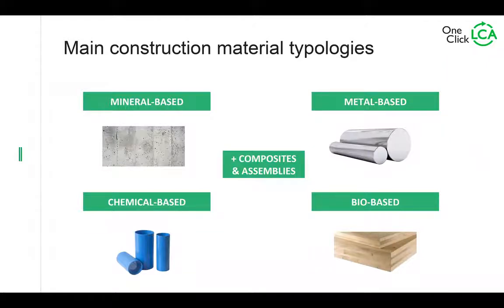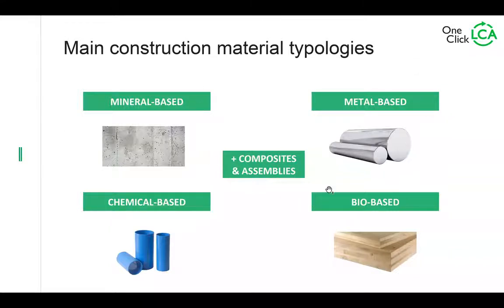Then if we go into the construction material typologies, I'm grouping the materials here in 4 different categories: non-metal minerals, metal-based, chemical-based, and bio-based. The bio-based here excludes bio-based chemicals, which are in the chemical-based basket.